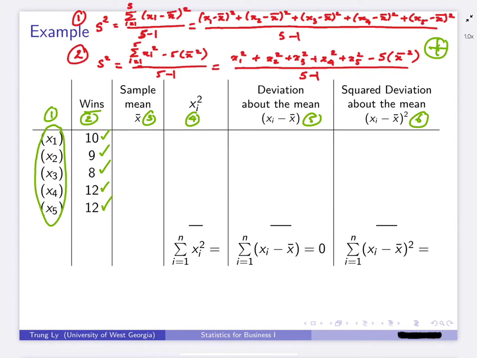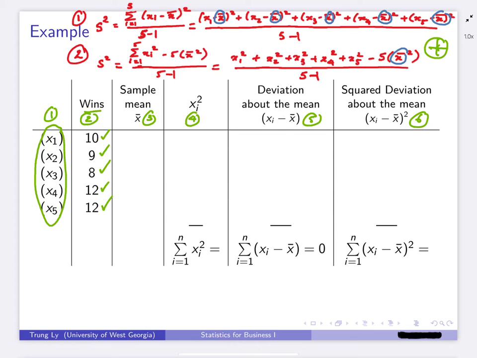In column 3, you want to fill it with the mean of the data set. If you look at both formulas up here, you need the mean to calculate the sample variance. At this point, you should know how to calculate the mean.